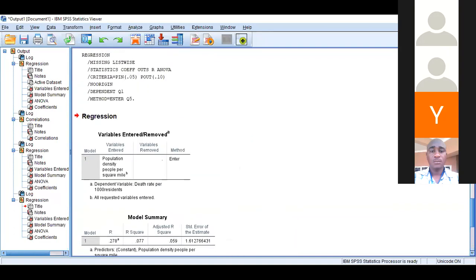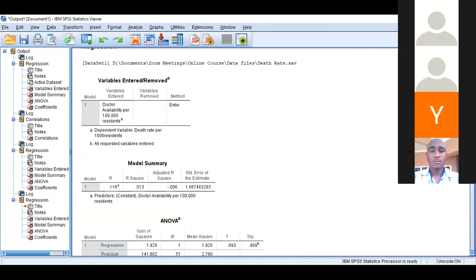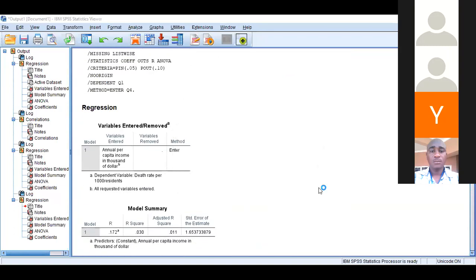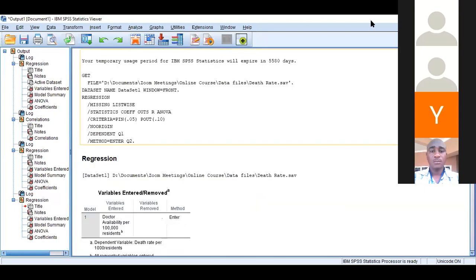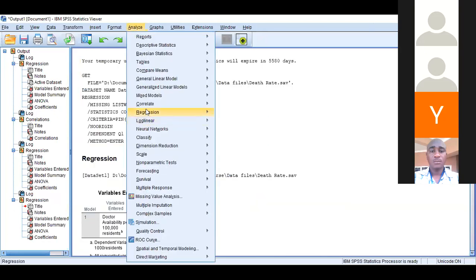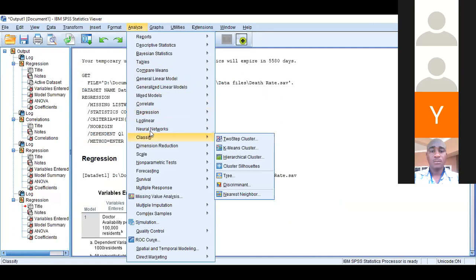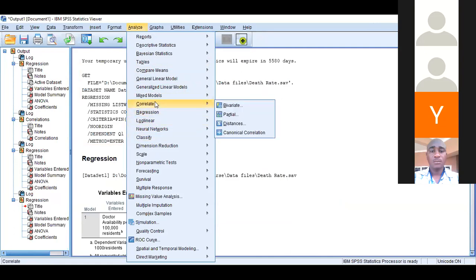So from here, if you want to do multiple regression, let's start with the most important one. The most important is already there.